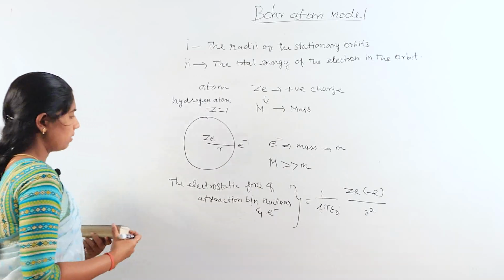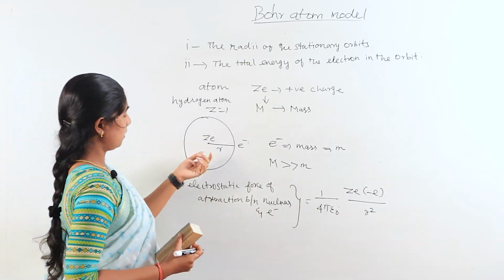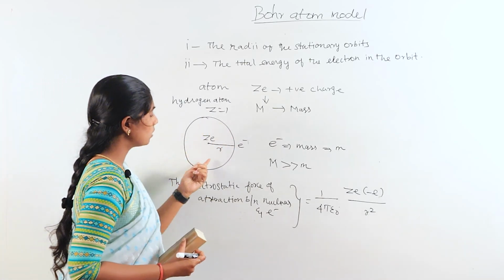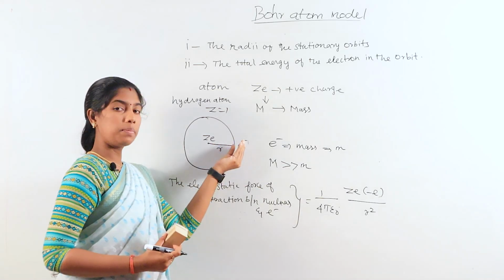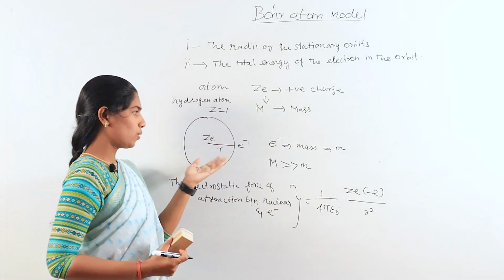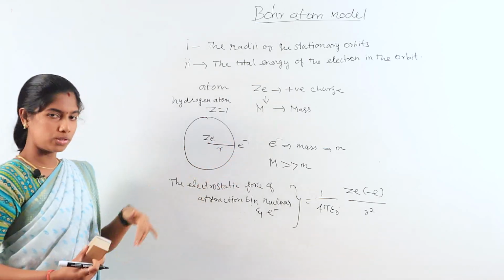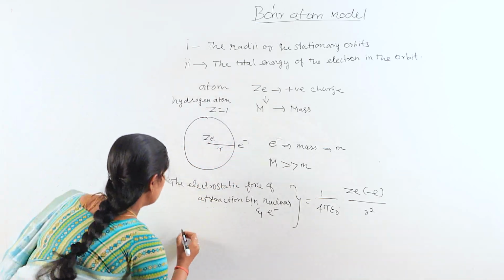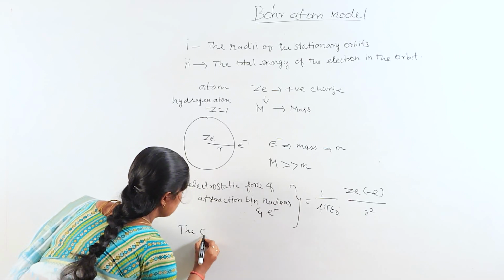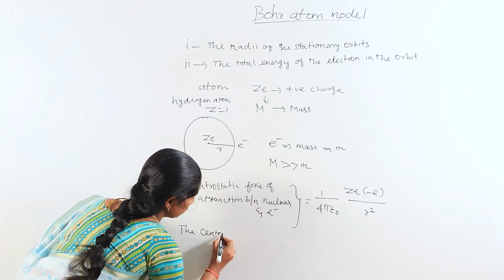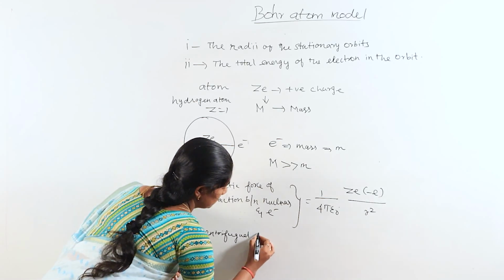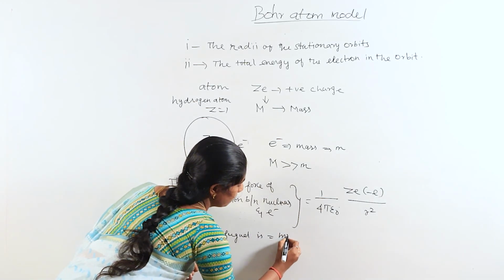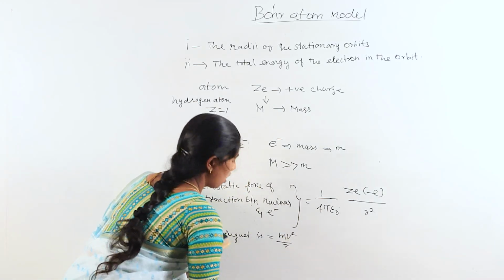One more thing: the electron is revolving around the nucleus in a circular path, so here the centripetal force also exists. The centripetal force value is m v square divided by r.